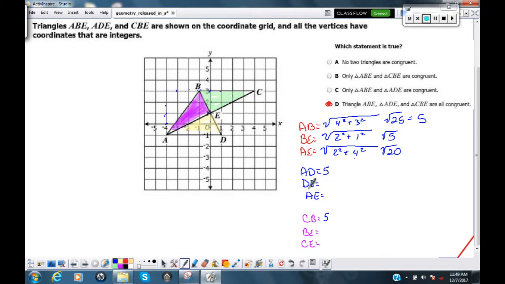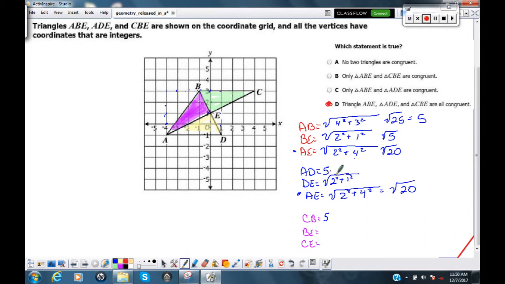So now I'm going to go to DE and I'm going to count 1, 2 over 1. Square root of 2 squared plus 1 squared. And then A to E. Well, I've already done A to E on the other one. I can go ahead and do it again, but it's going to be this one right here. They're both A to E, so square root of 2 squared plus 4 squared, square root of 20.